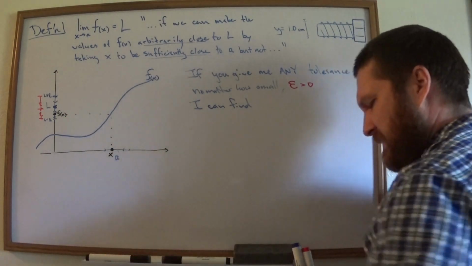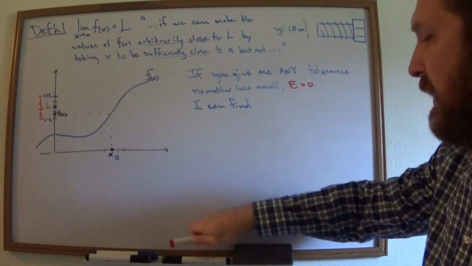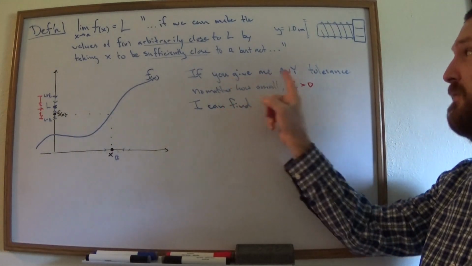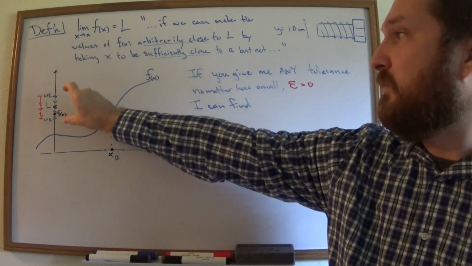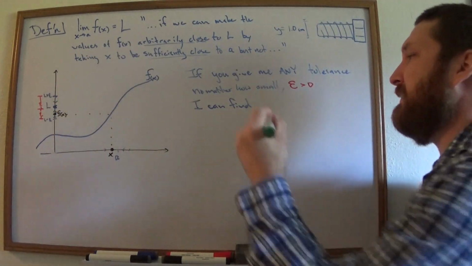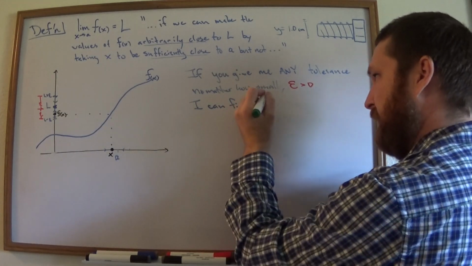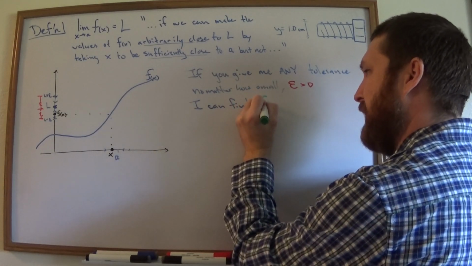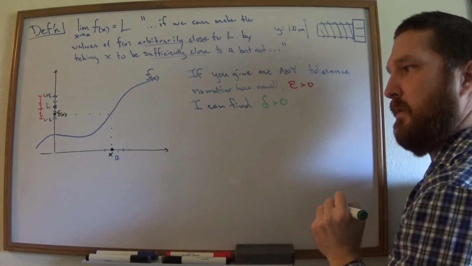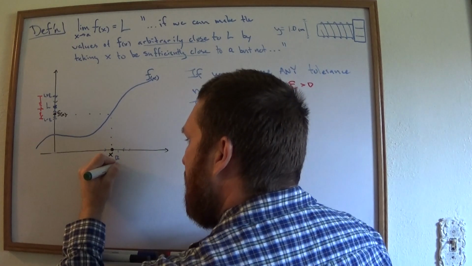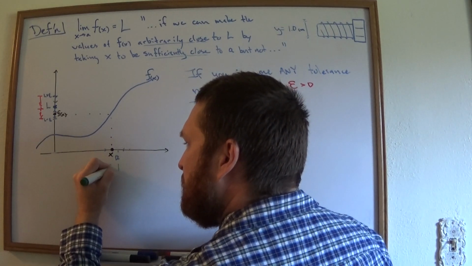Now, what do we mean by sufficiently close? Well, that means, again, if you give me any tolerance, no matter how small, around L, then I can find another parameter called delta, which is also bigger than 0. And that is just another distance, delta.